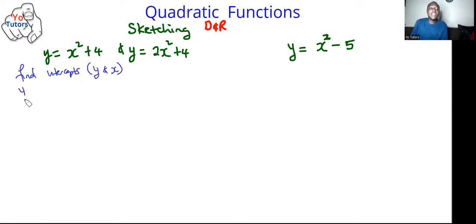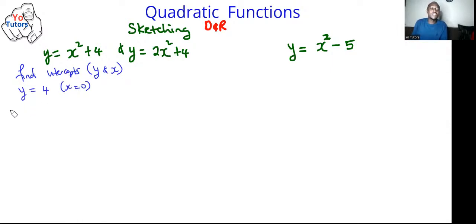We know that the Y-intercept, Y is equal to 4 when X is equal to 0.